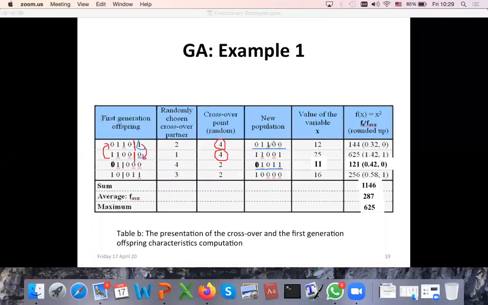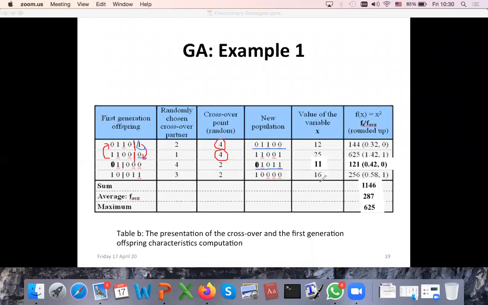Now the decimal value of these strings will be changed, and the value of the variable x is becoming 12, 25, 11 and 16 respectively, according to these strings. Then you have to calculate f of x.